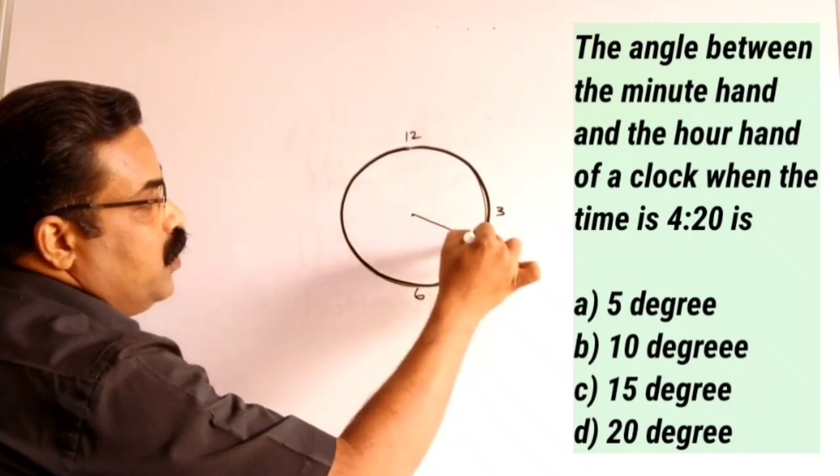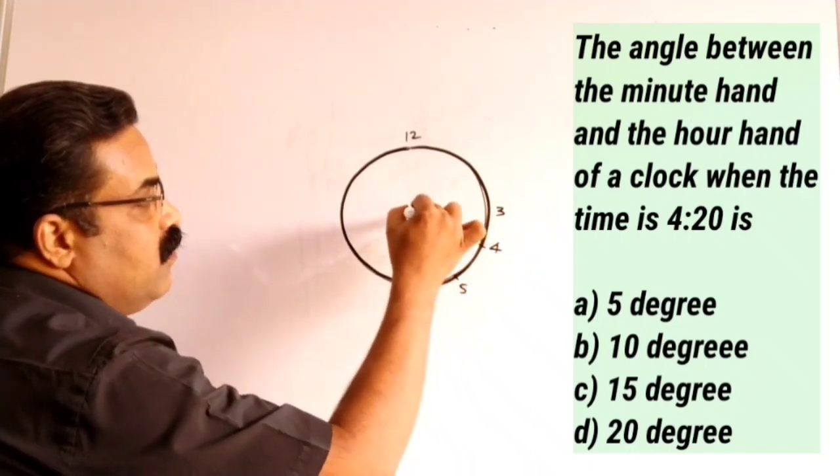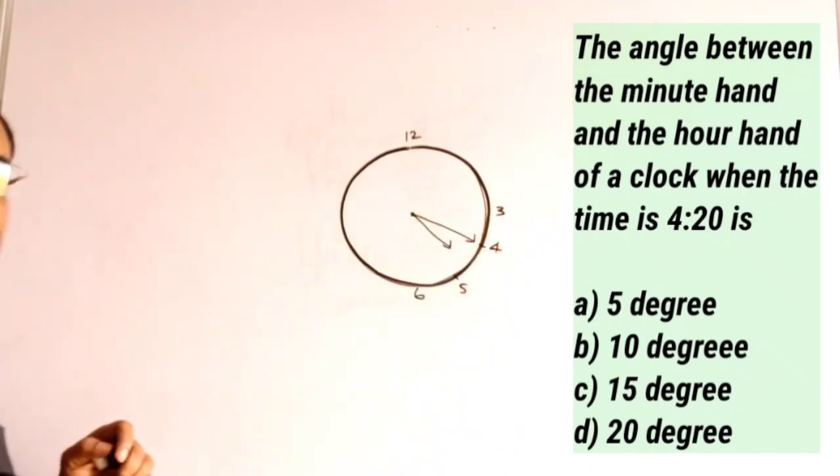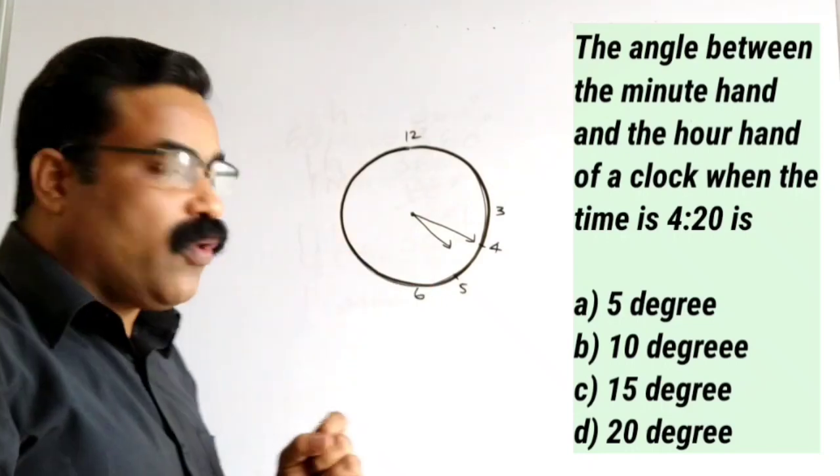Minute hand will be at 20 and hour hand will be between 4 and 5. So this time is 4:20.